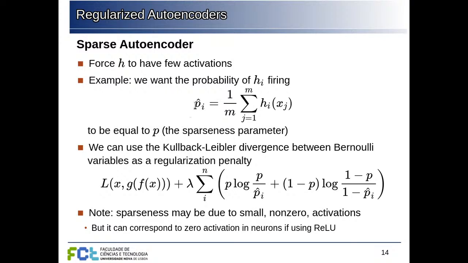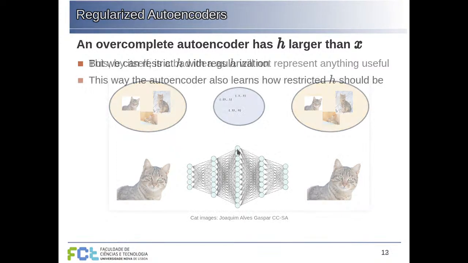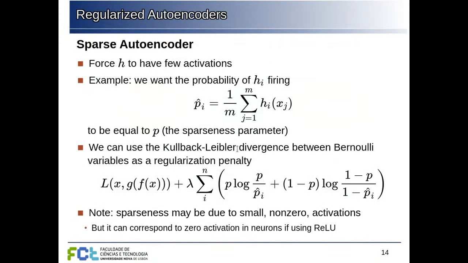And now we can try to approximate this measured, estimated probability of firing to some probability value that we want. For example, suppose that in that particular layer here that we are interested in, at the center of the autoencoder, we want neurons to fire only 2% of the time whenever we present examples.